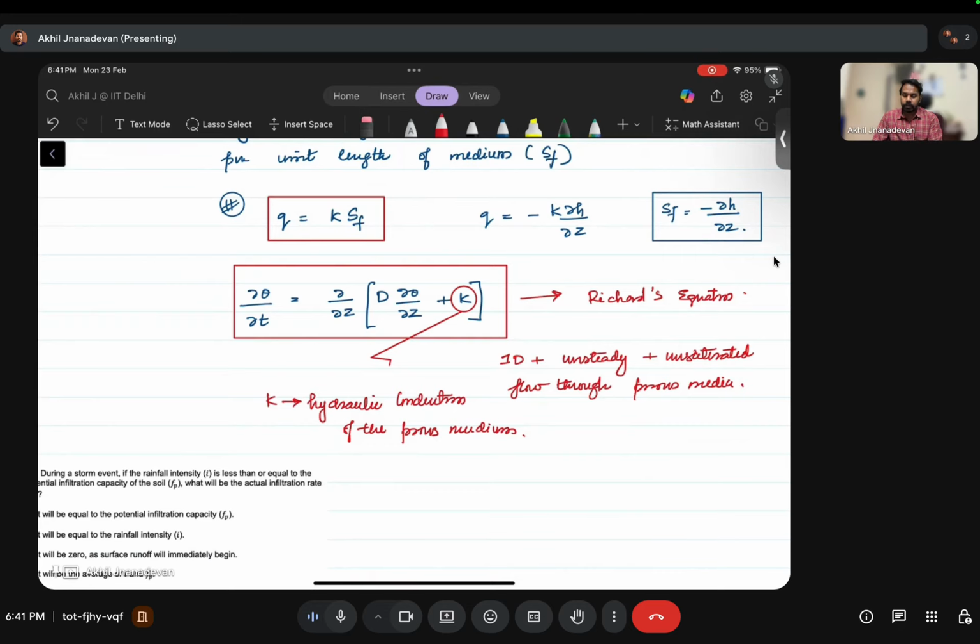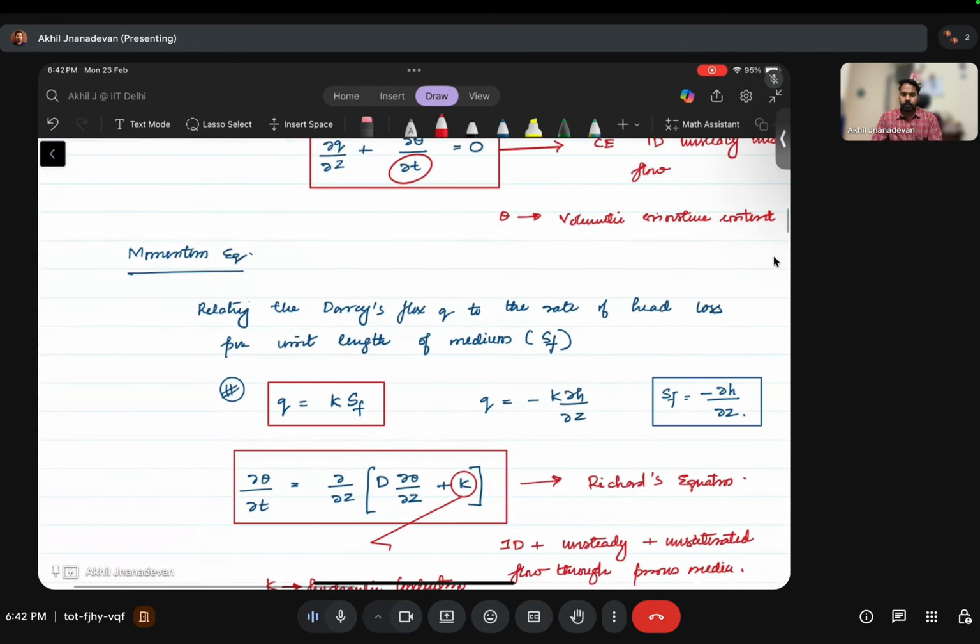If you have seen the lectures, you will be remembering that. So we are relating the laminar flow through a closed conduit to the Darcy flux and we are coming up with this particular expression. So that is the background of the Richards equation.